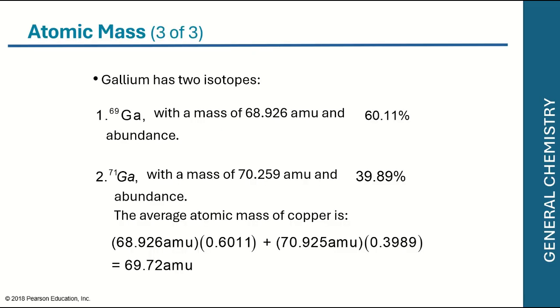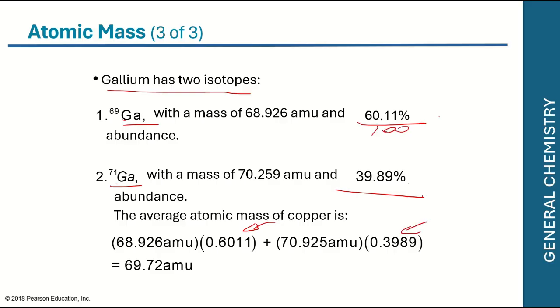Okay? So like here, gallium has two isotopes. So I have gallium 69 and I have gallium 71. To calculate this, they give us the abundance of those two. 60.11% of what you're going to find is gallium 69, and 39.89% is gallium 71. So to do the average, you need to take the percentage into consideration. See?